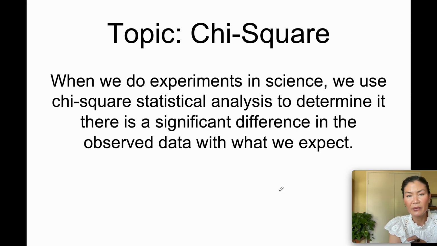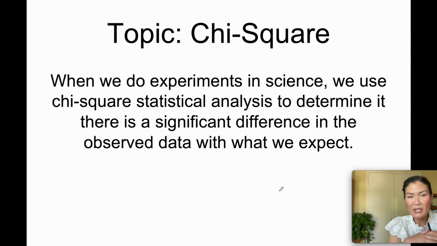So that is the expected data. We have an expectation, but what we actually observe may be a little bit different from what we expect. So we will do a chi-square analysis, a statistical analysis test, to see if there's a statistical difference between what we expect and what we actually observe. That's the whole point of a chi-square analysis test, to give us a numerical, analytical result.